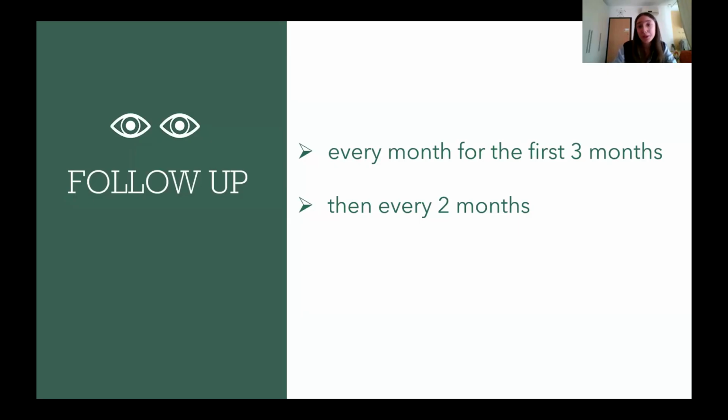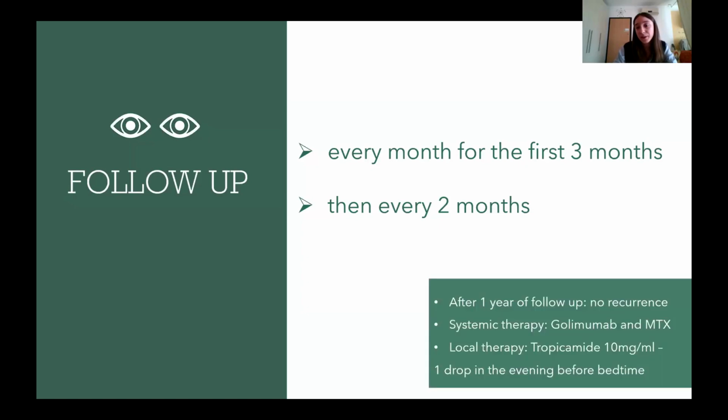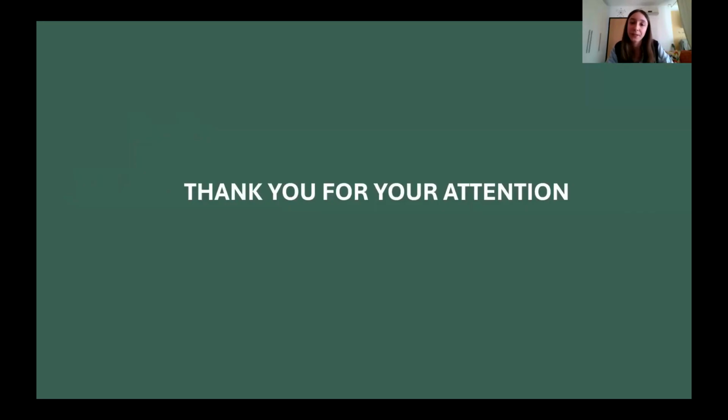The patient was monitored every month for the first 3 months, and then every 2 months. After 1 year of follow-up, he had no recurrence. He continues with his systemic therapy, golimumab and methotrexate, and local therapy with tropicamide, 1 drop in the evening before bedtime, obviously in the left eye. Thank you for your attention.